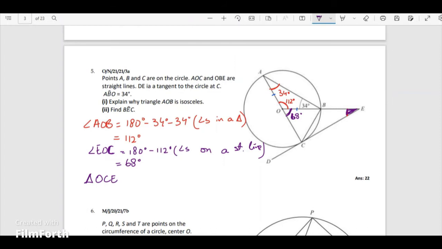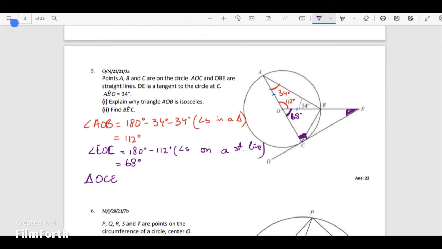So I have figured out the 68 degrees. About this angle at C, this is the angle between a tangent, that's DCE tangent, and radius, that's OC. And the angle between a radius and a tangent is always 90 degrees. So this is a right angle.